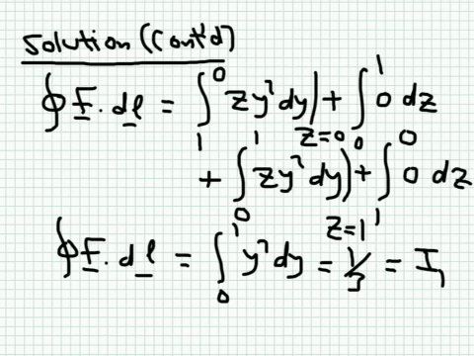The third one is where y increases from 0 to 1, and here dl is equal to dy ay. The last one is z decreasing from 1 to 0, with dl equal to dz az. But remember, because the function does not have a z component, f dot dl, when dl is in the z direction, will give you 0.